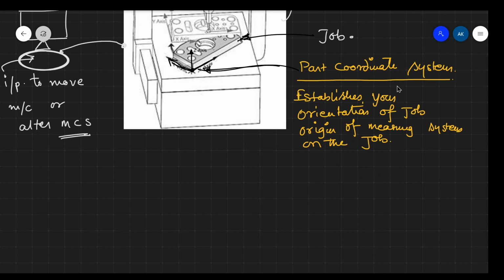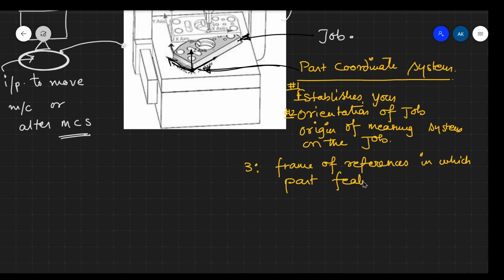This was number 1, this was 2, and the third one is the frame of reference in which part feature locations are defined.